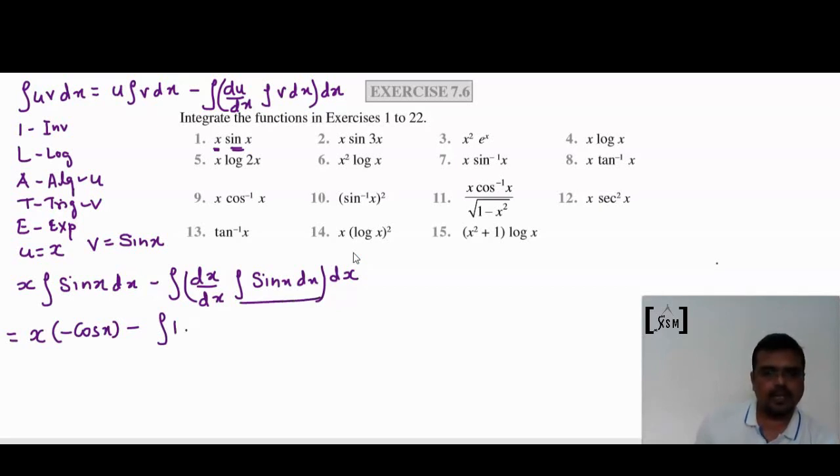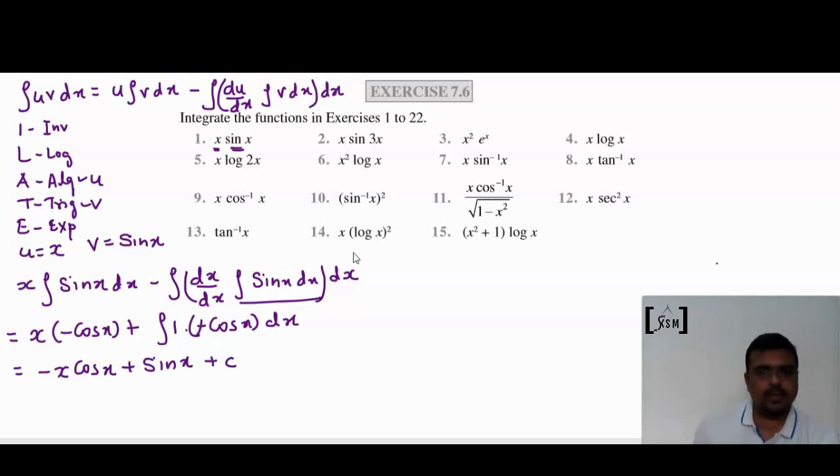So minus the integral of minus cos x dx. Guys, please, minus times minus makes plus. So it is minus x cos x plus the integration of cos x, which is sin x, plus c. So we are done with question number 1.